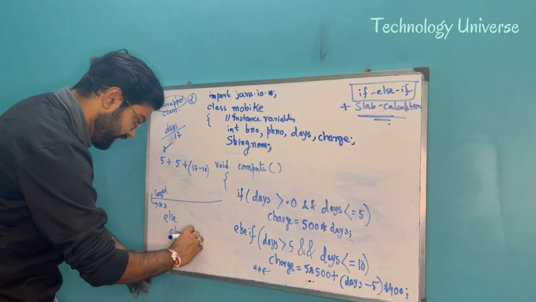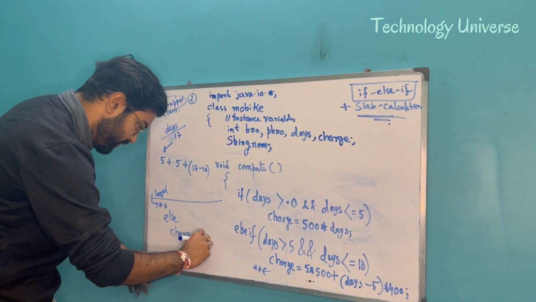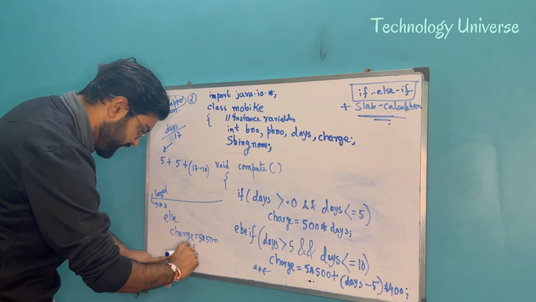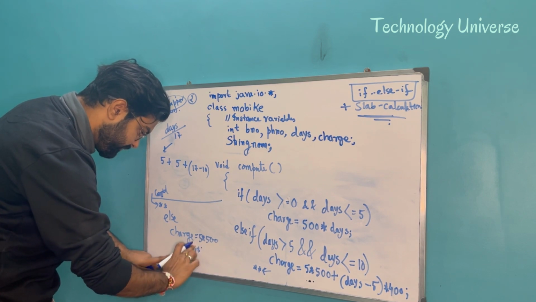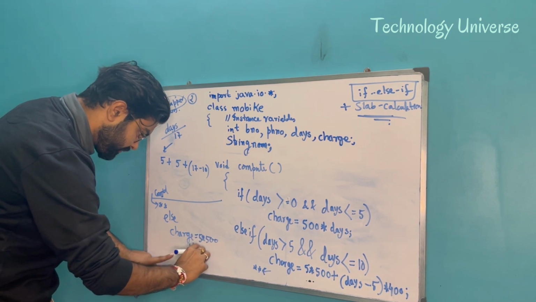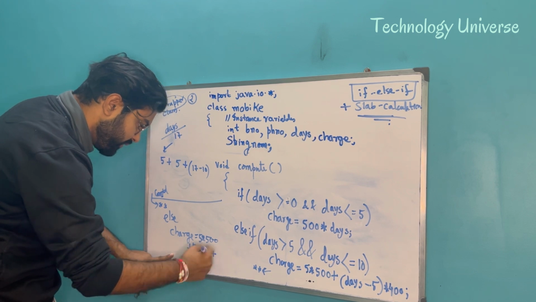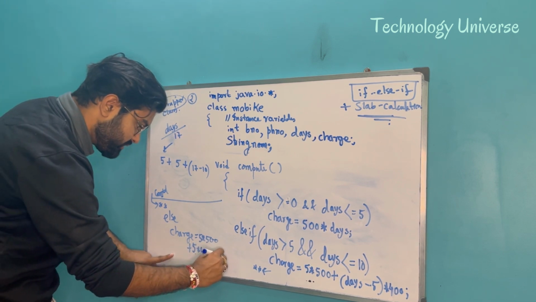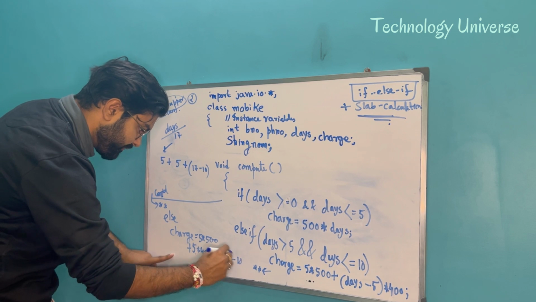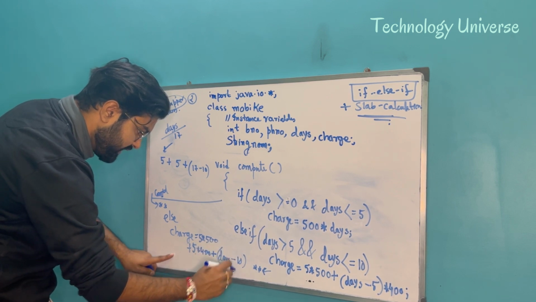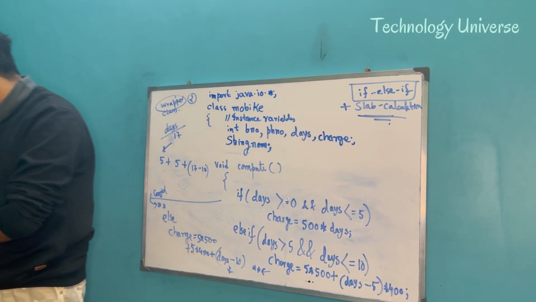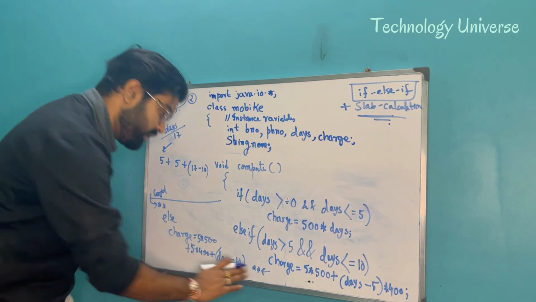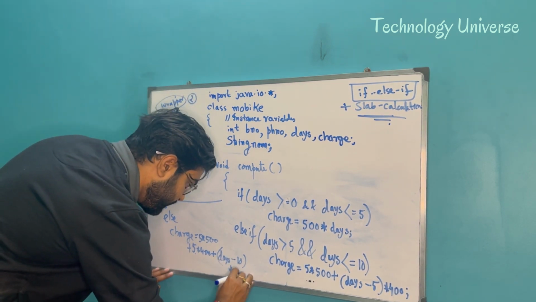So the charge would be: for the first 5 it would be 500, for the next 5 it would be 400, and for the remaining, meaning number of days minus 10, it would be the next rate, whatever is mentioned in the question. The next rate was 200 rupees per day. So into 200.